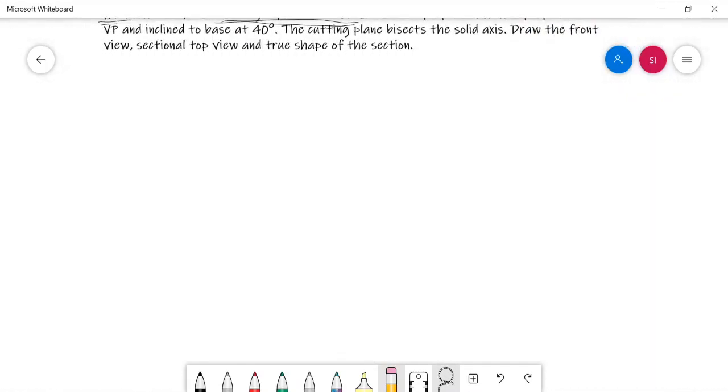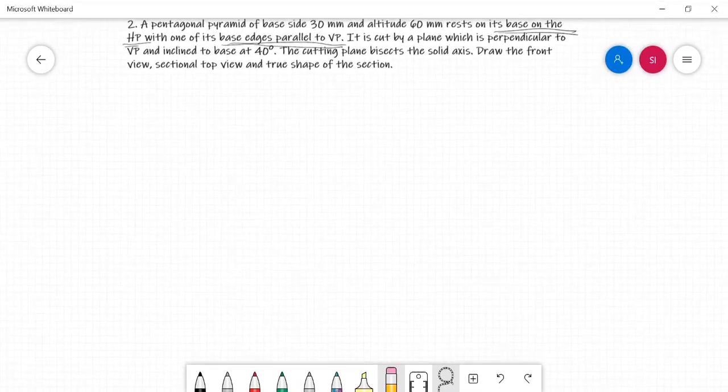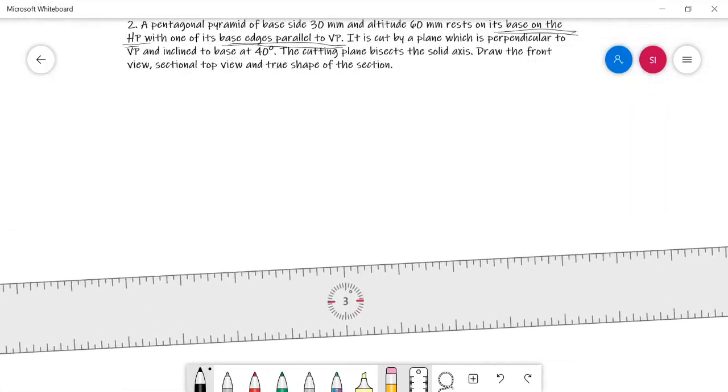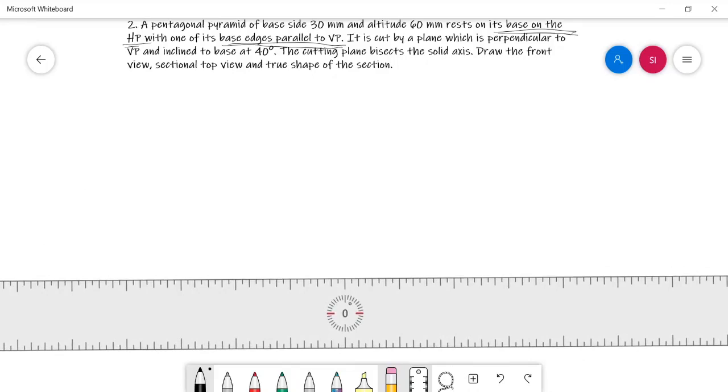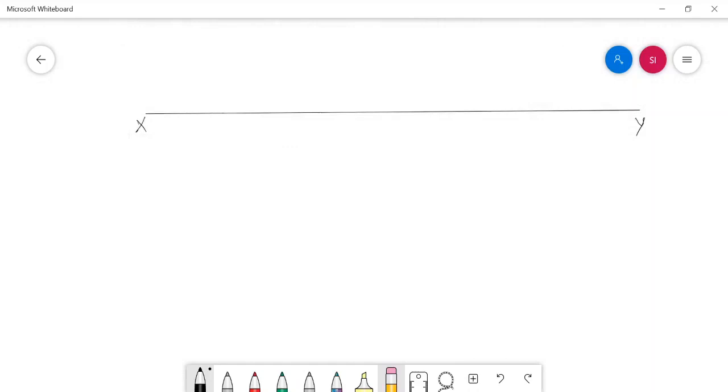Now, let me draw the base view of the solid starting from the XY line. Here, I need to maintain one base edge of the solid parallel with the XY line.